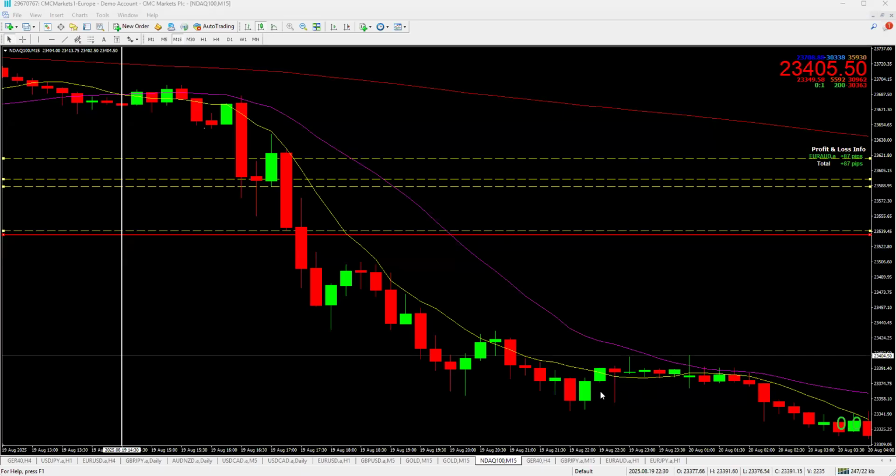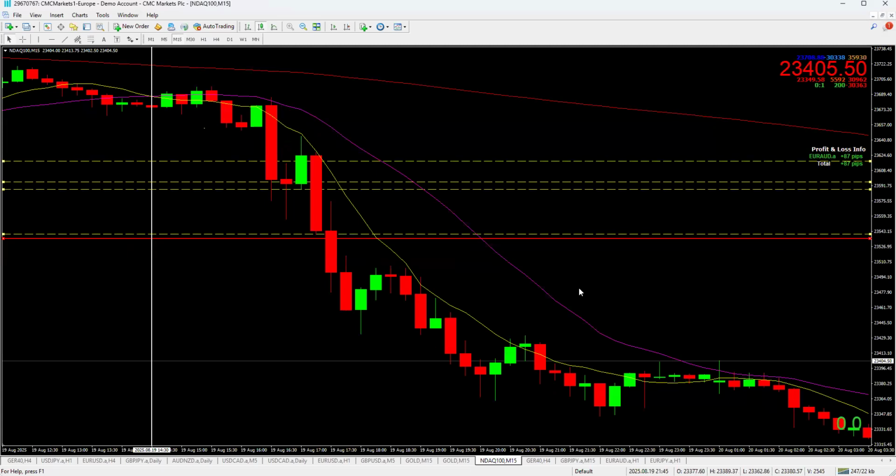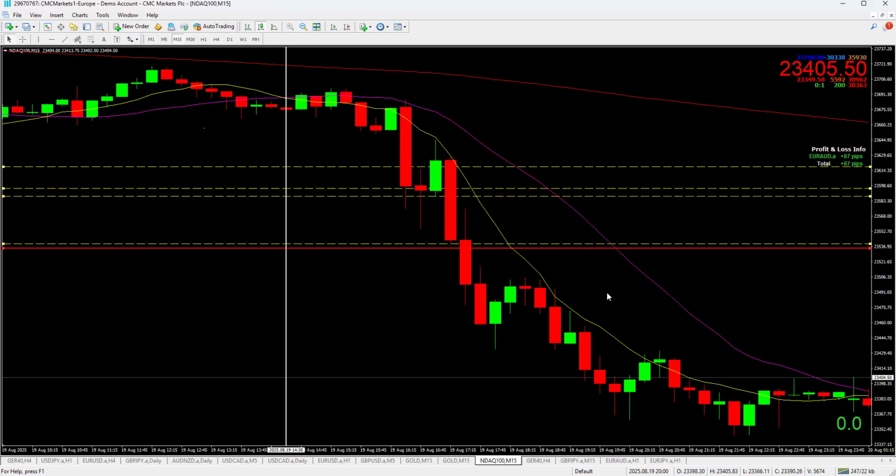But if you really want to know whether you are still safe to enter the trade, as in if it's going to continue dropping, then the price action technique would be to mark out your resistance zones.